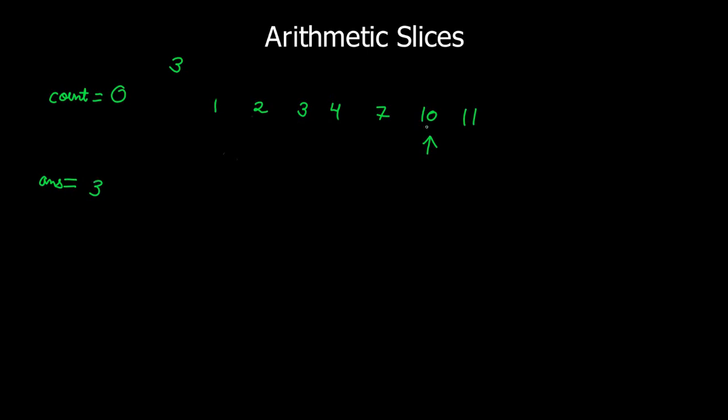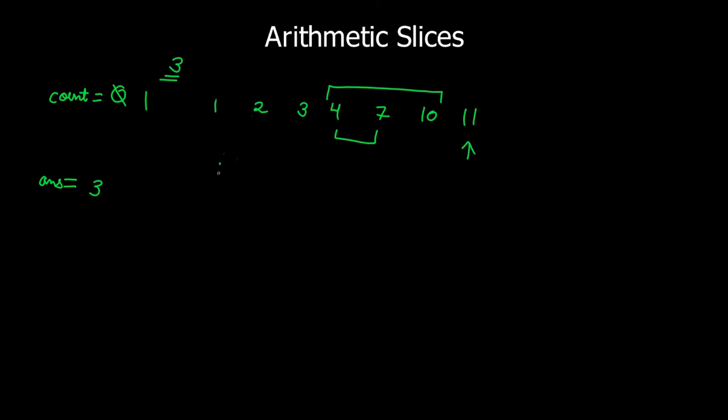Now when I move forward, I see that the difference between 10 and 7 is also 3, so I can increase the value of count by 1. Again I'll move forward only to realize that now the difference between this element and the previous element is not equal to the difference of the first two elements of the array, and therefore at max we have this slice 4, 7, 10, which is definitely valid.